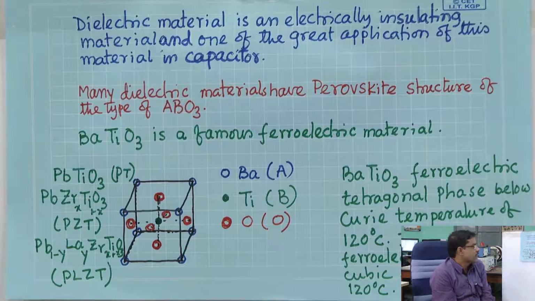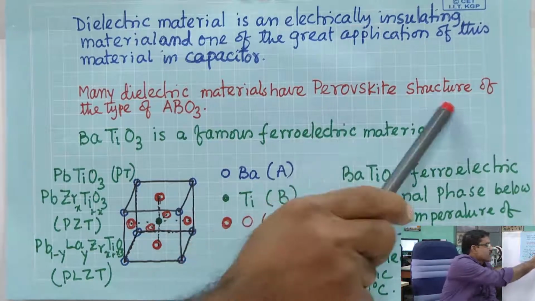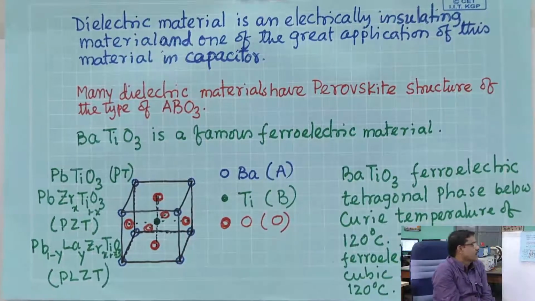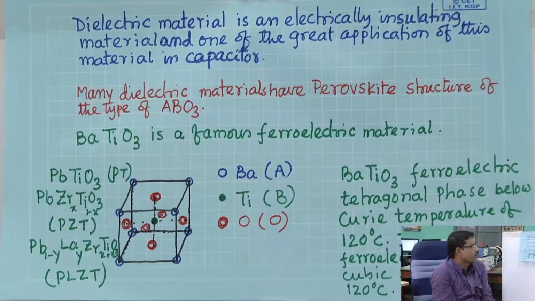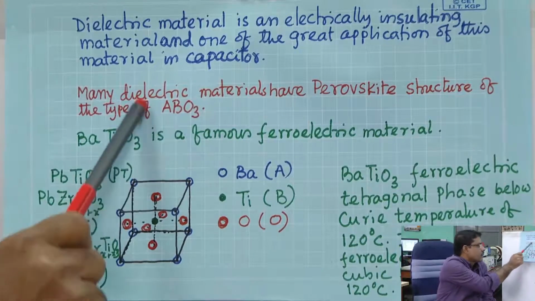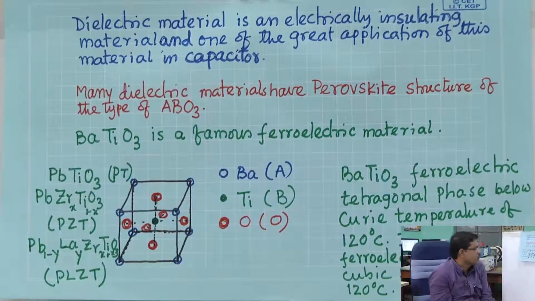There are many dielectric materials, and a major portion of them have the perovskite structure, with the chemical formula ABO3.